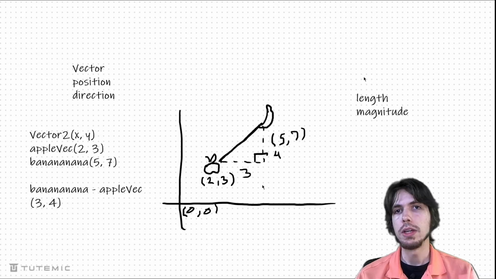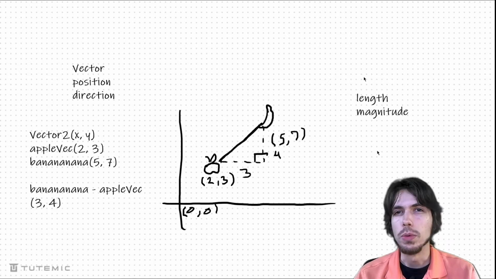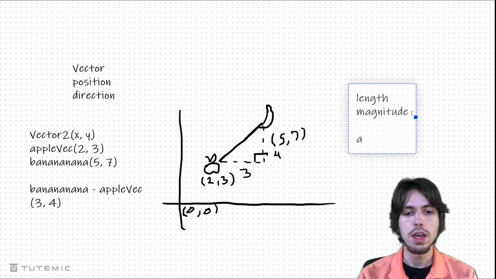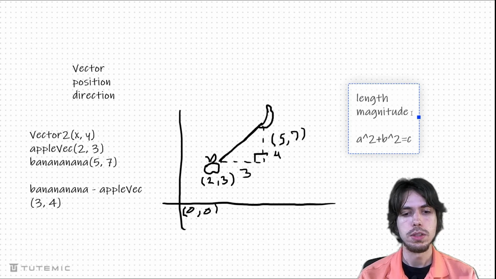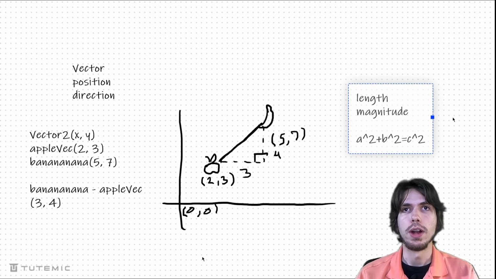How do we get the length of this side, which is the hypotenuse? You use the Pythagorean theorem: a squared plus b squared equals c squared, where a is one of the sides, b is the other side, and c is the hypotenuse, which always represents the hypotenuse.